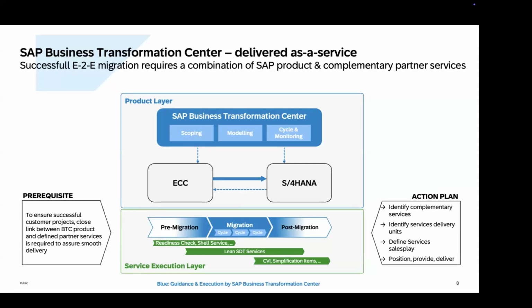Then we have some further prerequisites. For example, business partner needs to be activated and is kind of a pre-project, so to say, on the ECC or on the ERP side.